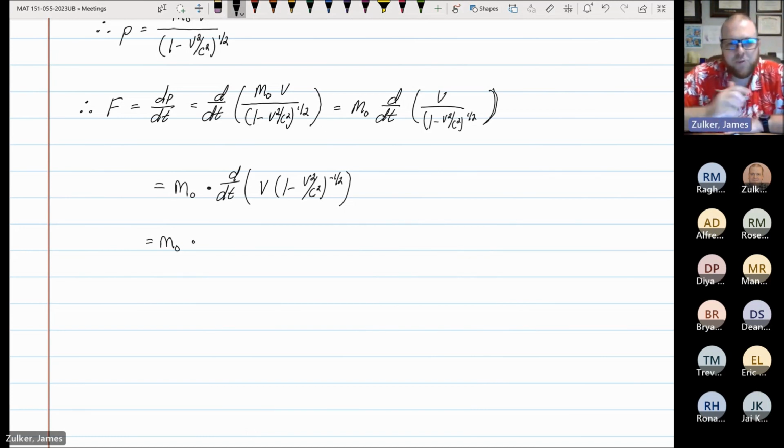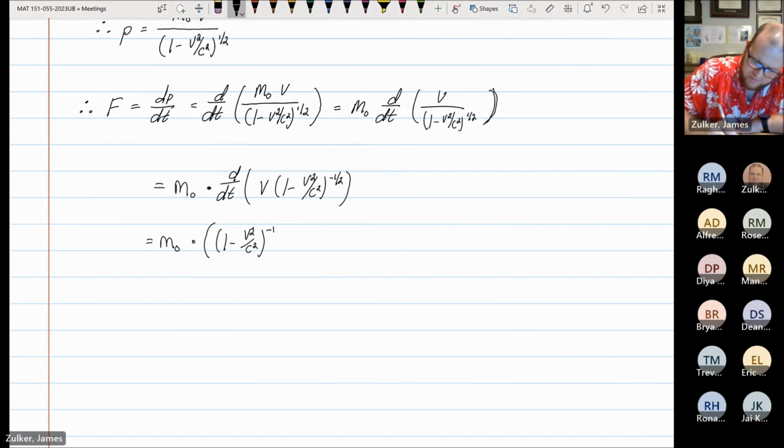Now remember, product rule: second function times the derivative of the first function, plus the first function times the derivative of the second.